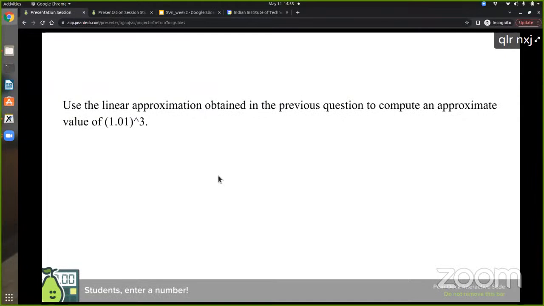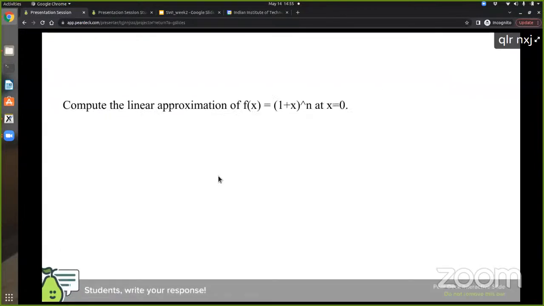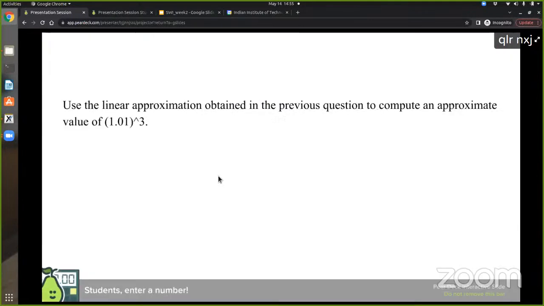Now let's move on with the same question. Use that approximation that you got in the previous one to compute an approximate value of 1.01 to the cube. 1.01 cube. So can you use the approximation that you got in the previous question to find the value of 1.01 cube? Tell me what you get.